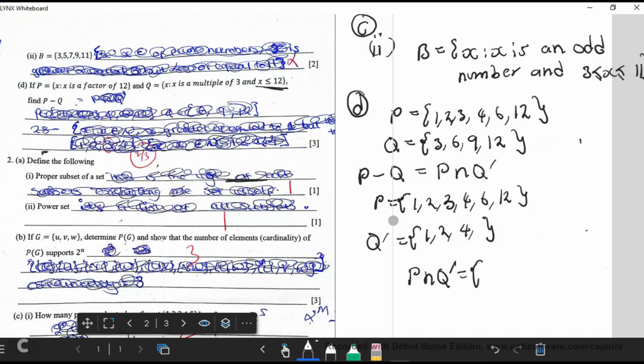You find that the elements intersecting are 1, 2, and 4. So this is how you solve that question.